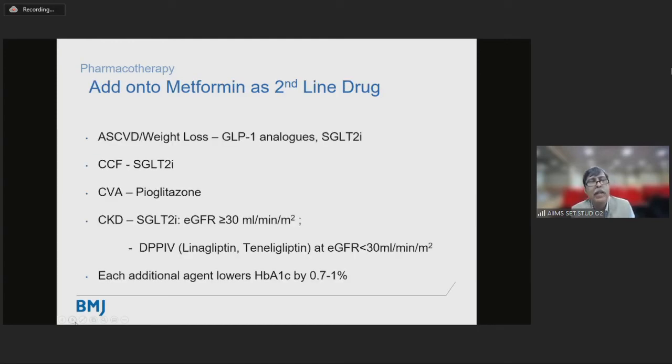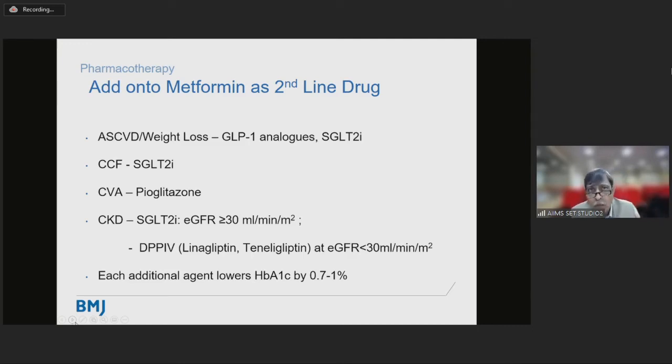Okay, what about the next line? Once you've started metformin, in my practice, because of cost, I often give sulfonylureas, right? But in reality, you're much better off looking at either DPP-4 inhibitors or SGLT2 inhibitors, because they have now been shown to be CV beneficial, and SGLT2 inhibitors retard progression of renal dysfunction.